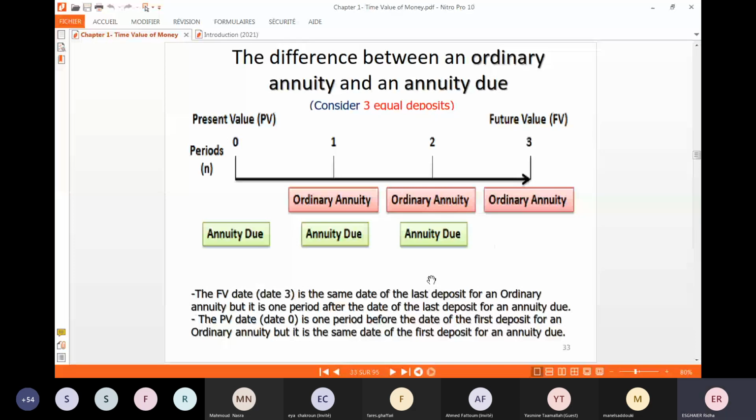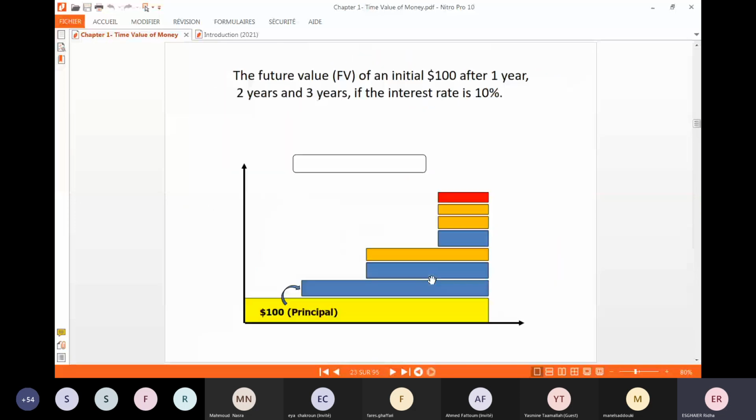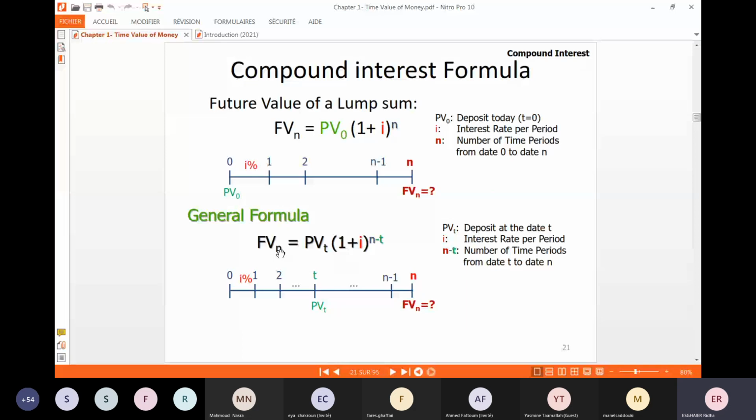Now, how to compute the future value and the present value of a sequence of equal deposits made at equidistant intervals? Here we will take the case of the ordinary annuity separately, then the case of an annuity due. You will notice that it is very simple. We will apply the only formula we covered until now: future value at n equals present value at t times (1 plus i) power n minus t.